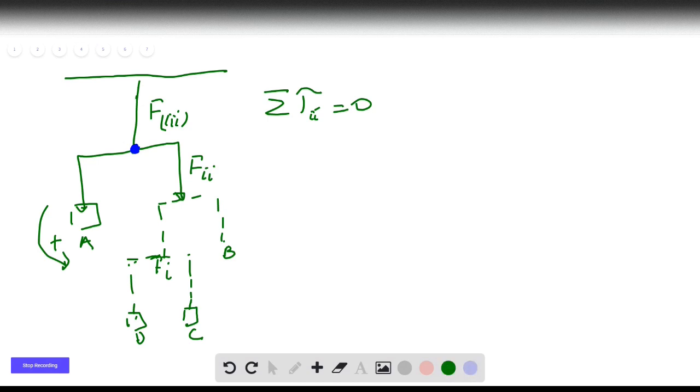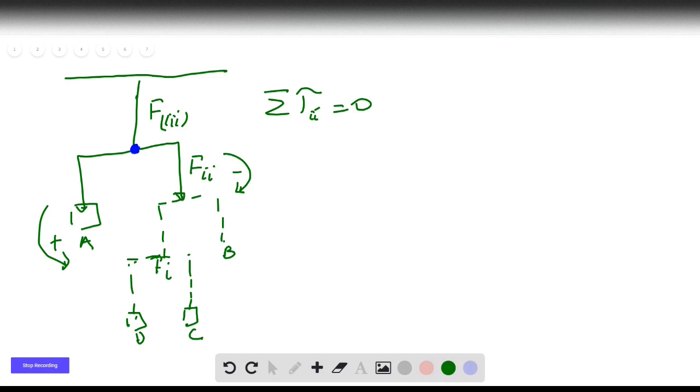F2 has a negative torque because it's clockwise. So we'll start with the torque for A.